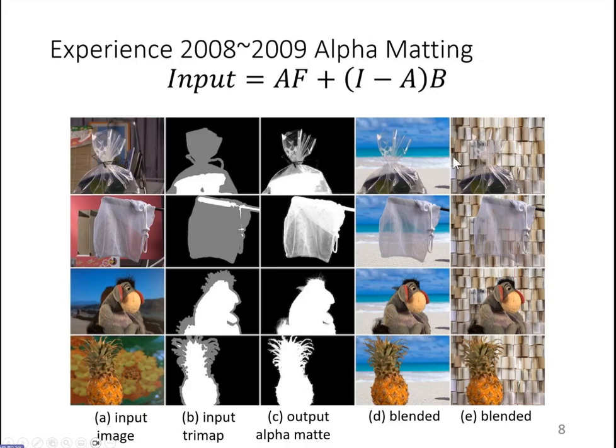For example, this is the result. I replace the background with something else. For example, this is clothing, and this is also transparent. I should say partially transparent. So once I can successfully estimate the foreground and this transparency, I can replace it with another background.